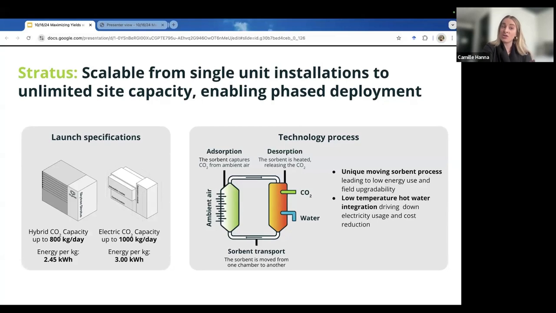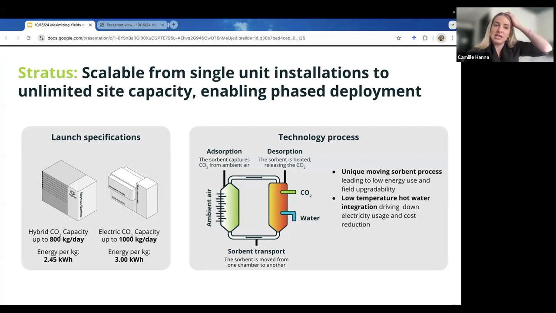And the great thing about our Stratus unit is that we actually have two versions of it. So we have what's called a hybrid version, which runs off of both waste heat and electricity. So if you have hot water running through your greenhouse, from a boiler, from your heating system, you can actually use that hot water to facilitate that heating of the sorbent, which brings electricity consumption down.